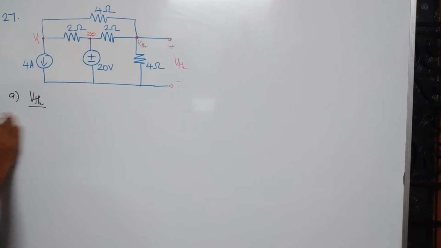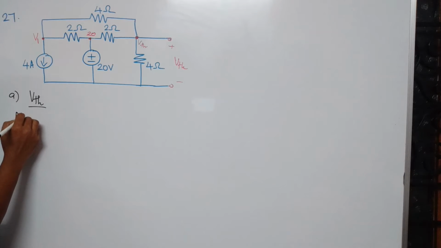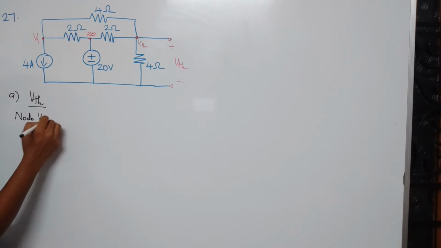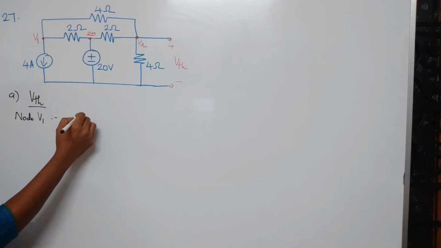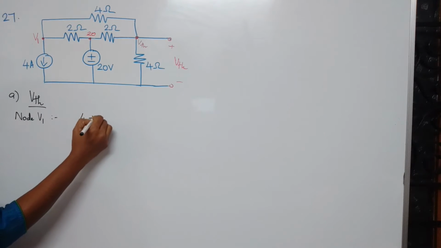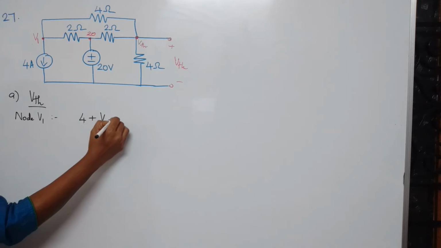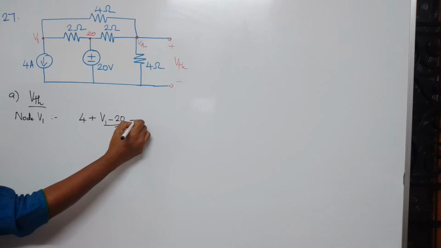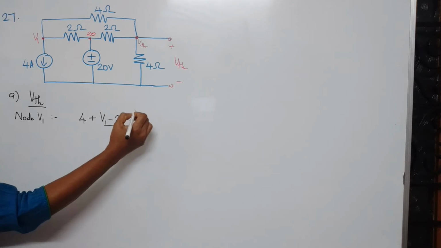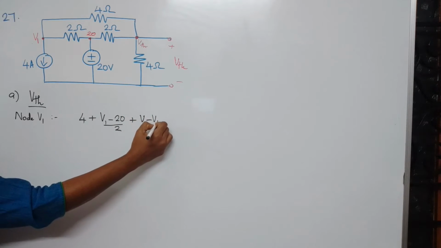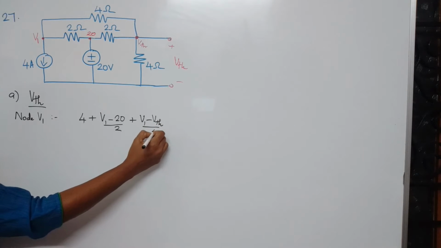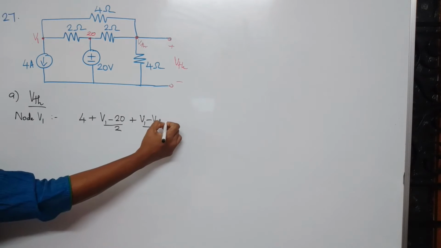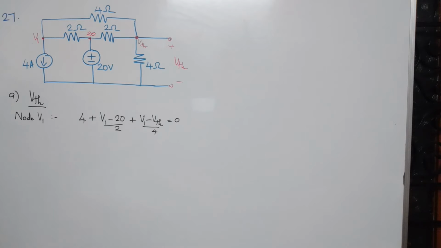So the equation with respect to node V1 will be 4 plus (V1 minus 20) by 2 plus (V1 minus VTH) by 4 equal to 0.